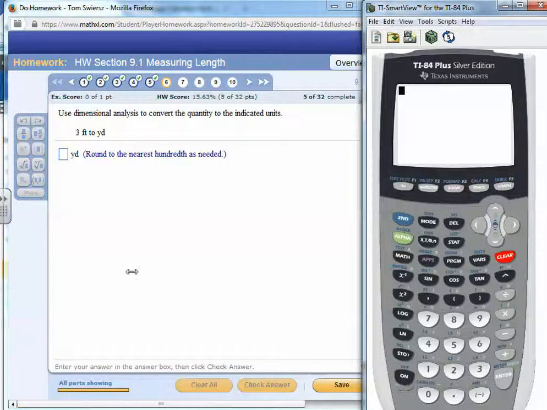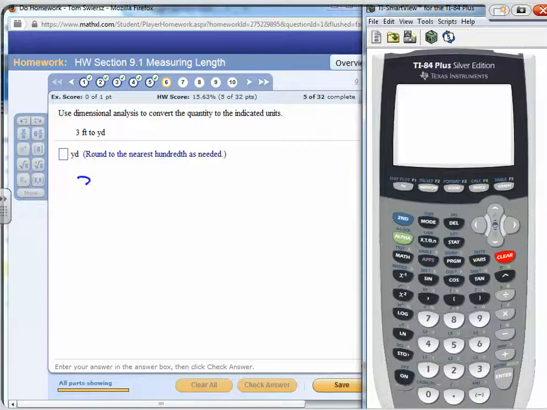Okay, 3 feet to yards. Okay, we have the given amount, 3 feet. We want to convert to yards.